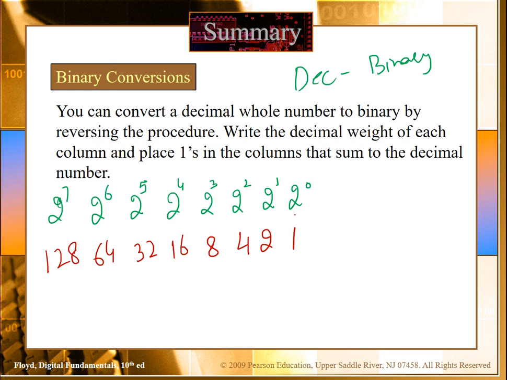Now focus here. This is my first bit, second bit, third bit, fourth bit, fifth bit, sixth bit, seventh bit, and eighth bit. If you take just 2 bits, we can represent a maximum decimal number of 3, which is 2 plus 1. If you take 3 bits, we can represent a maximum of 4 plus 2 plus 1, which is 7.